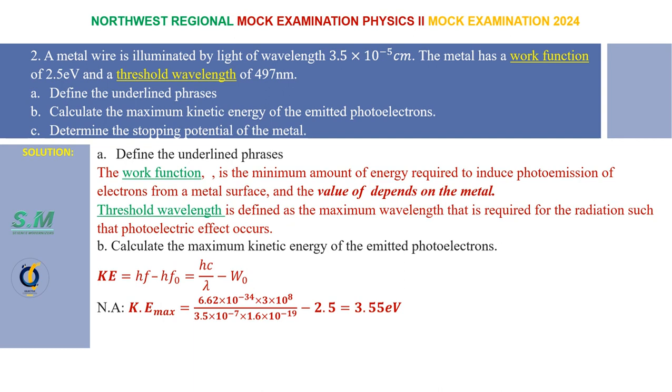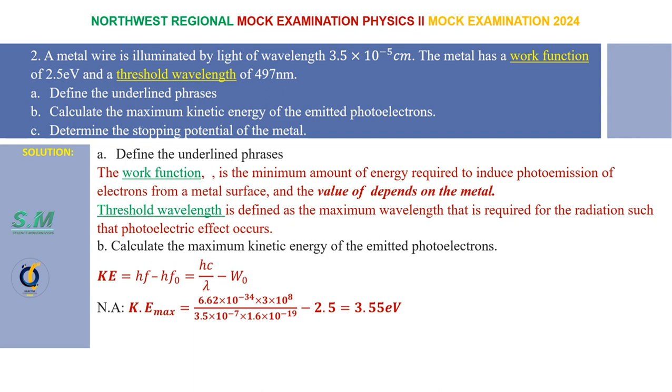So having this, I can now get my answer exactly in electron volts. If I cancel this, it means that my answer will be in joules, and to convert from joules to electron volts, we divide by 1.6 times 10 to the negative 19, and the reverse is true, that is, to convert from electron volts to joules, we multiply by 1.6 times 10 to the negative 19 joules.